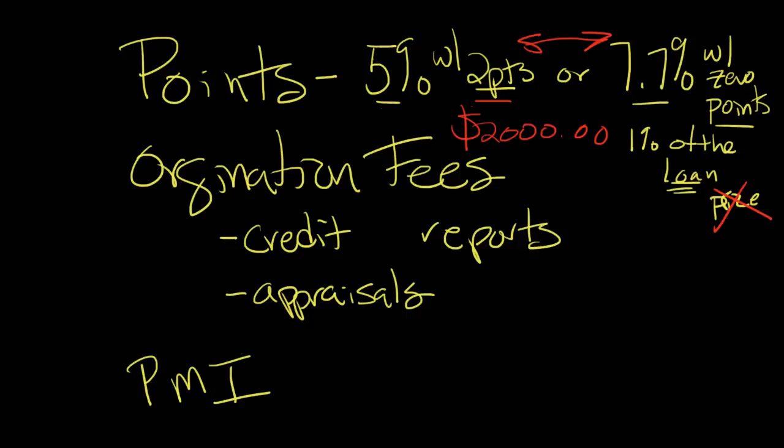Clearly, if you're going to fix up the property and sell it soon, then it's better to have money in your pocket and go with this option. If you're going to buy and hold, then it's better to go with this option, because over the 20 or 30 year life of the mortgage, the 5% deal is much, much better if you're going to buy and keep this mortgage for a long time. Much better deal. So that's what points are.